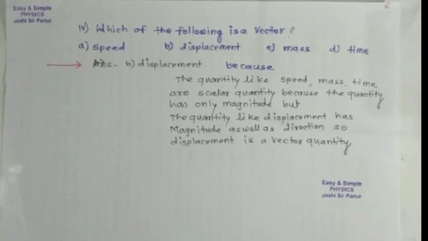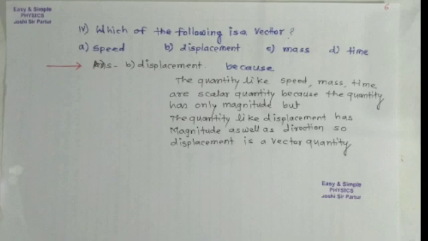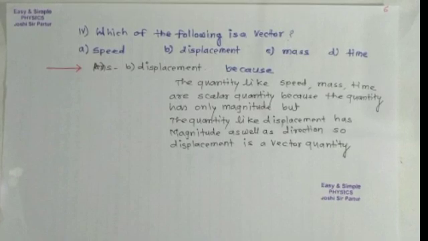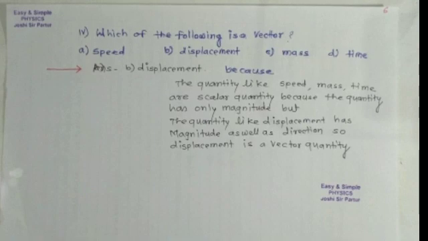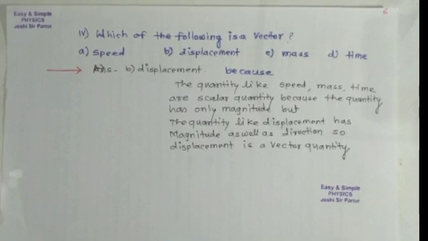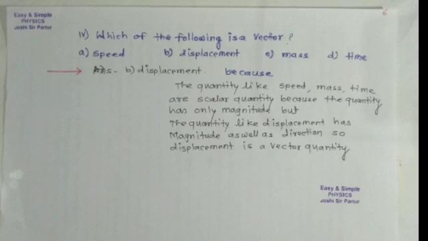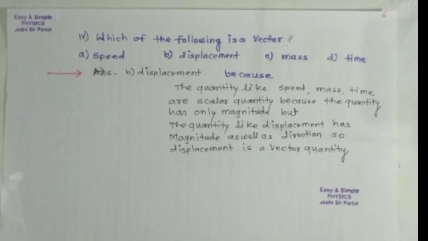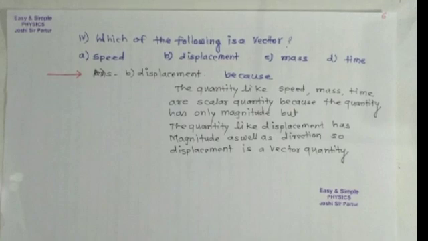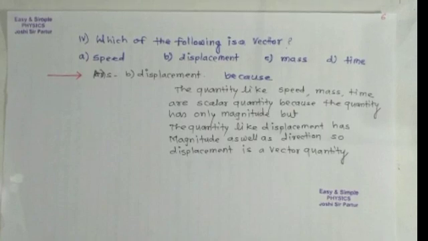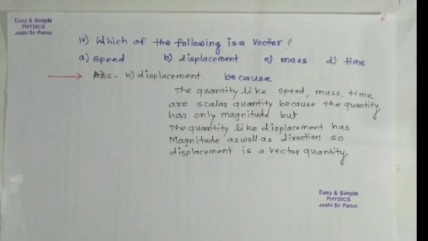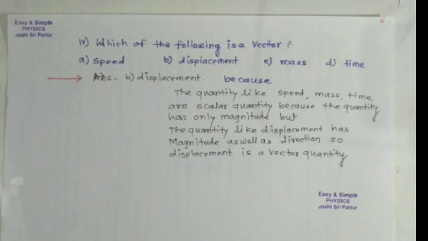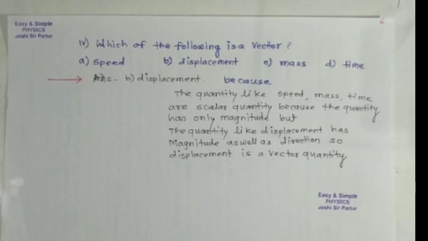So the answer is displacement, because quantities like speed, mass, time are scalar quantities. They have only magnitude, but a quantity like displacement has magnitude as well as direction. So displacement is a vector quantity. The answer is option B displacement.